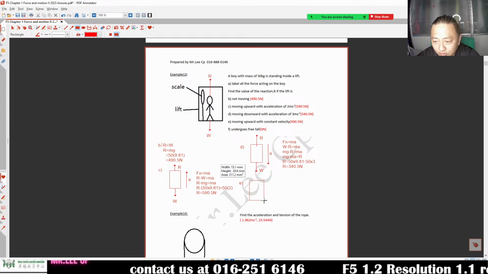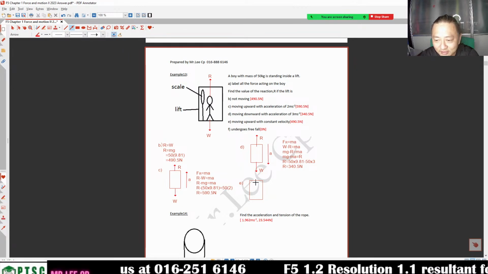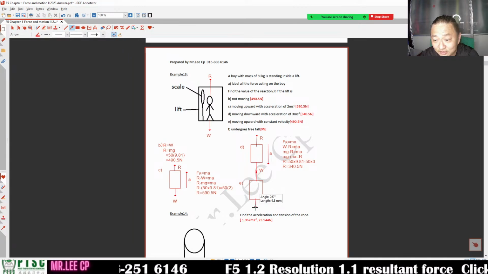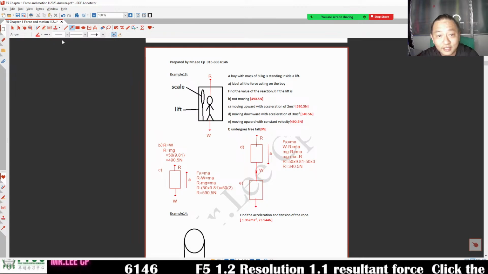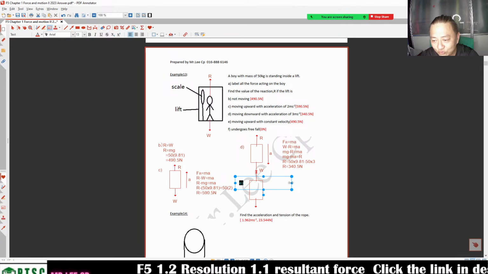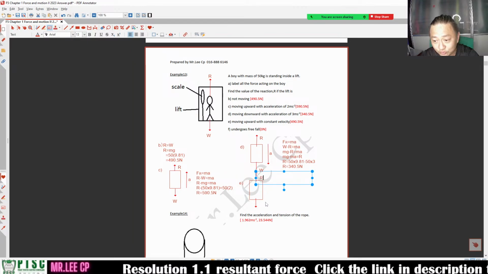Now, this question, I suppose no need to do one, right? Why? Because you see the words constant velocity. But anyhow, I still do it. I want to show you. It is the same.